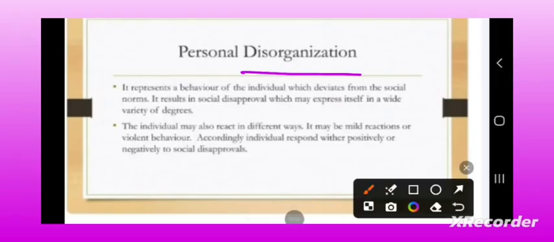Personal disorganization: behavior of an individual that deviates from the social norms. Result: it leads to social disapproval, which can be mild or severe. Response: the individual's reaction to this disapproval, positive or negative, demonstrates their state of adjustment.